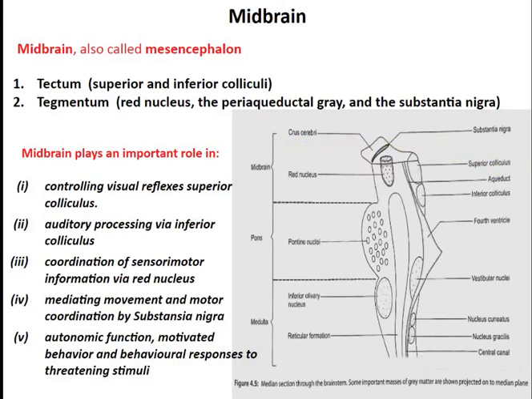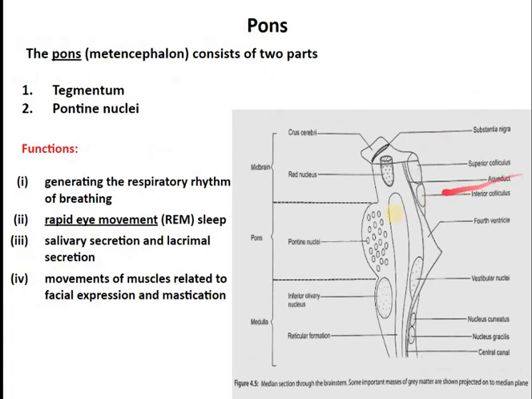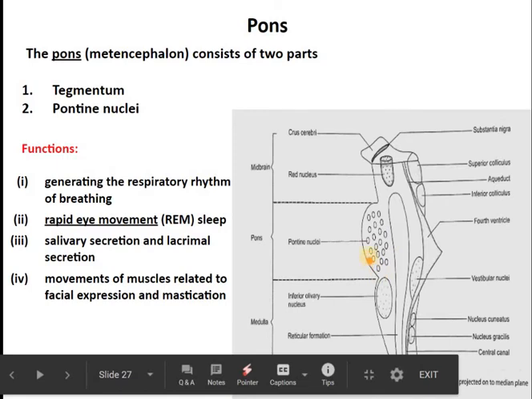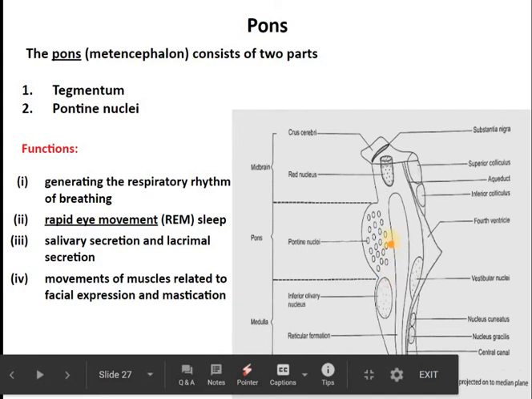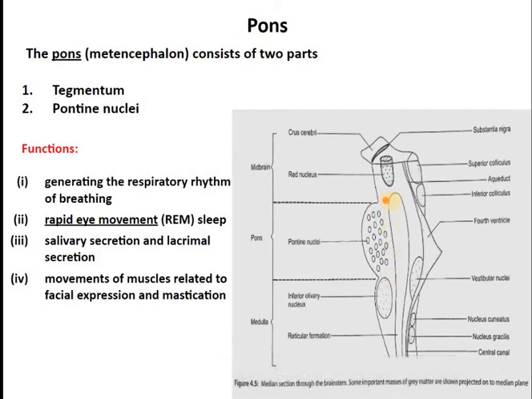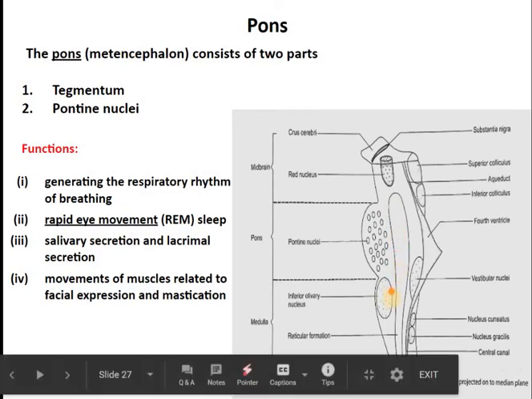Then we talked about the pons. This region is the pontine nuclei, and the rest of the portion behind it is the tegmentum. It contains a special structure called the reticular formation, which extends up to the medulla oblongata also.